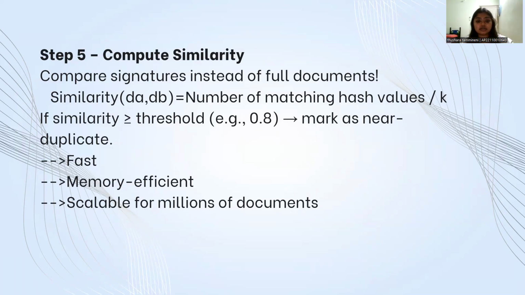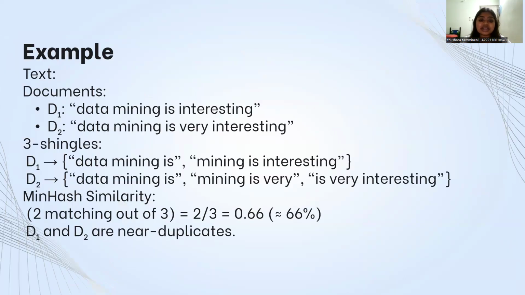Let's take a quick example. Document 1 says "data mining is interesting". Document 2 says "data mining is very interesting". When we generate three-word shingles, D1 gives "data mining is" and "mining is interesting".